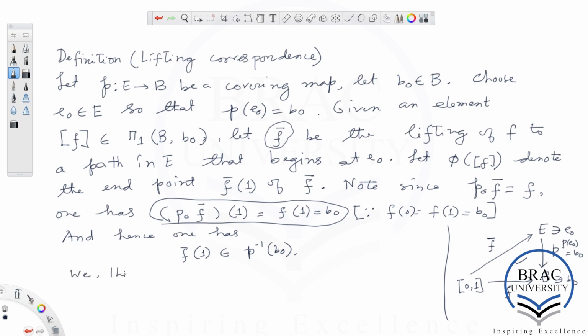We therefore have phi to be a well-defined set map, right?